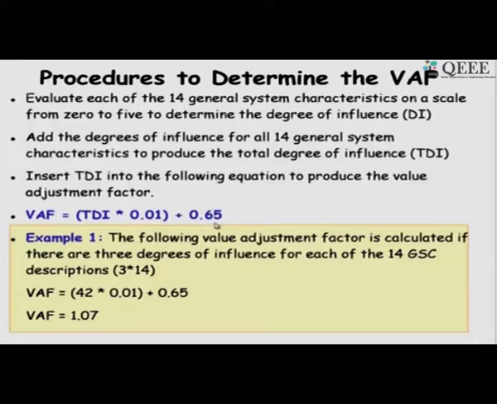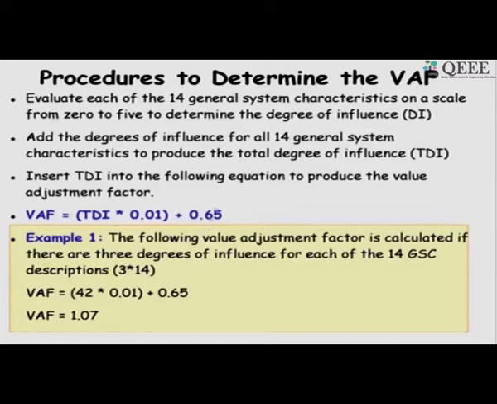On the other hand, if we make each of those 14 parameters very high influence, that is 5. So, 14 into 5 is 70, 70 into 0.01 will be 0.7. So, this will become 1.35.